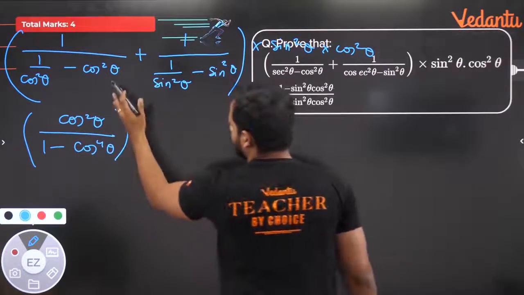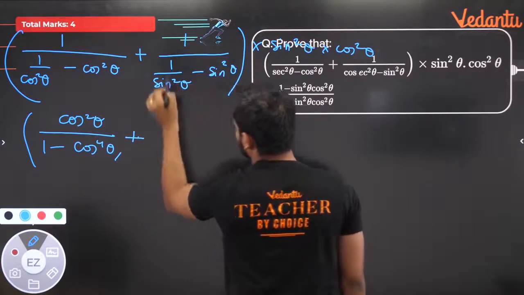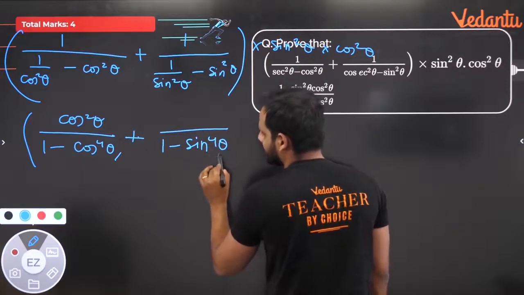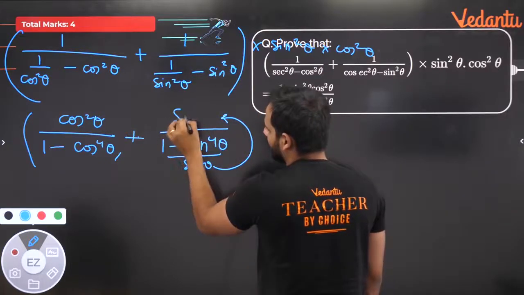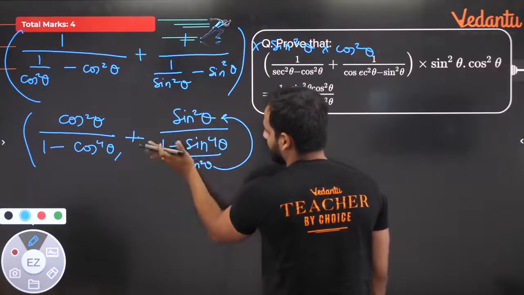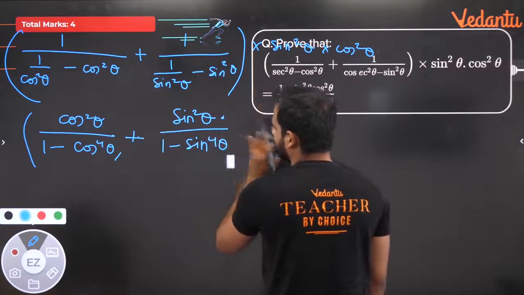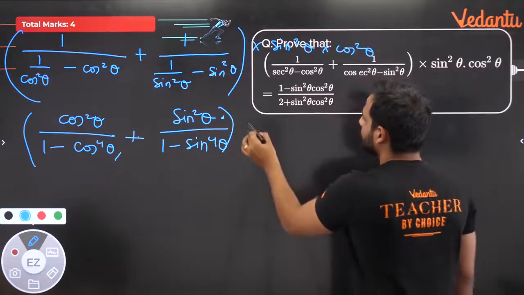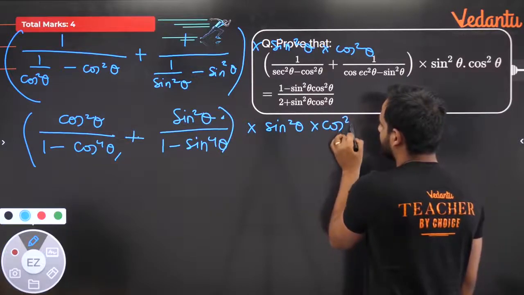Similarly here you will be getting plus 1, so here also denominator will be 1 minus sin raised to the power 4 theta, and this denominator में जो sin square theta है ना, that will move up, so that is why I am writing here sin square theta. Okay, simplify this on your own, you will get the answer कि how am I getting this. ठीक है, this is how you have got it, into sin square theta into cos square theta, right?